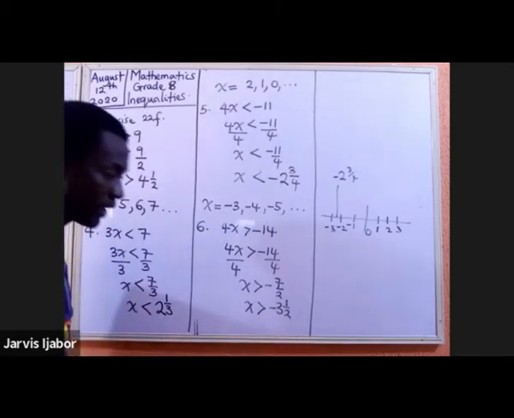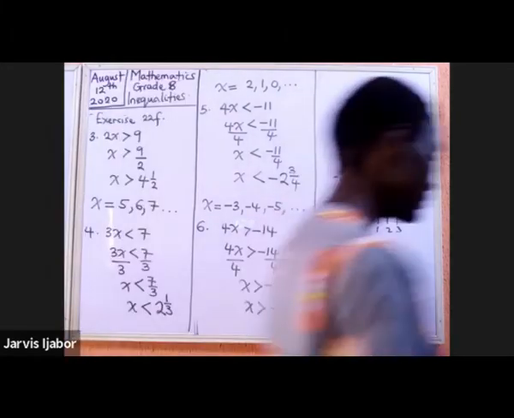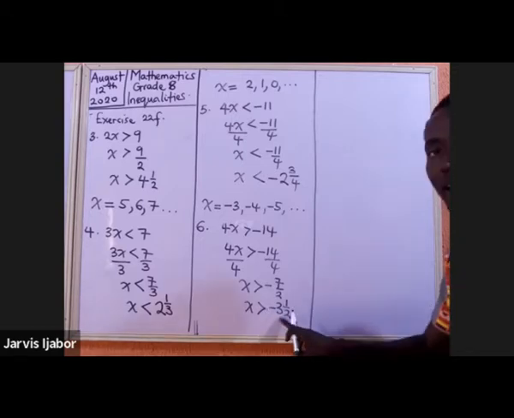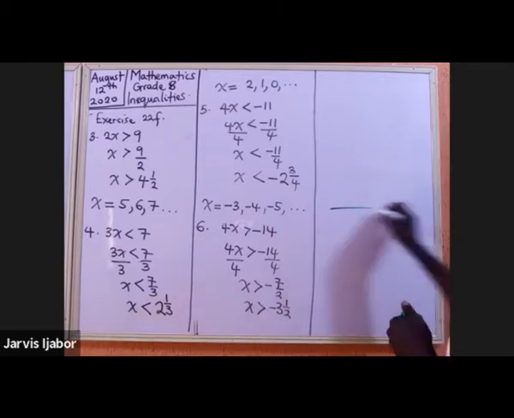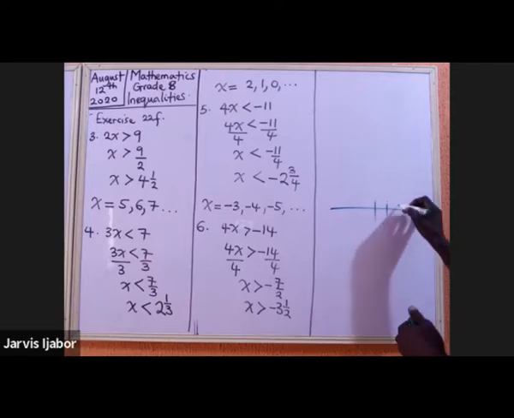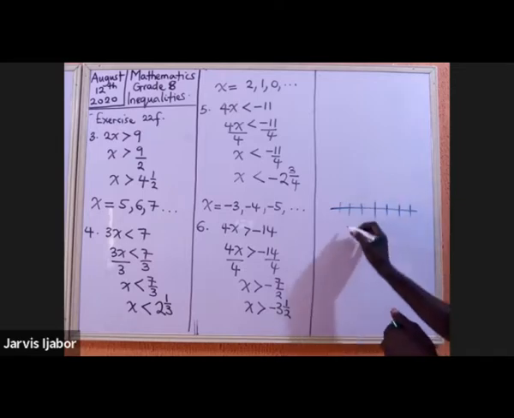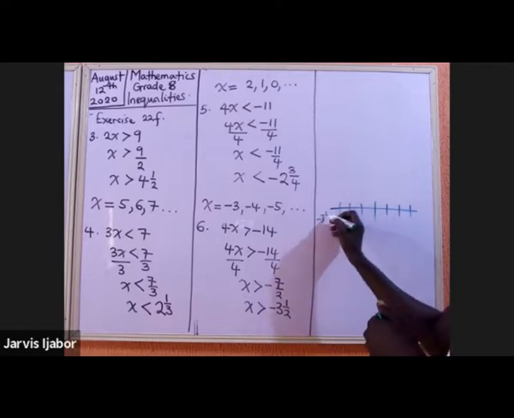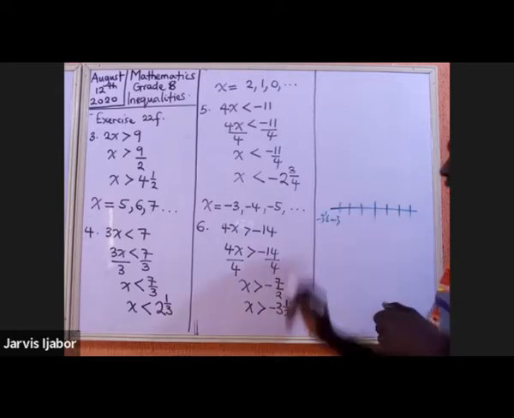Here, you have to be very careful. Now take note of this. It said x is a number that is bigger than this. You remember your number line? Negative 7 over 2 will be here. It's a number lower than that. But they said x is bigger than that.